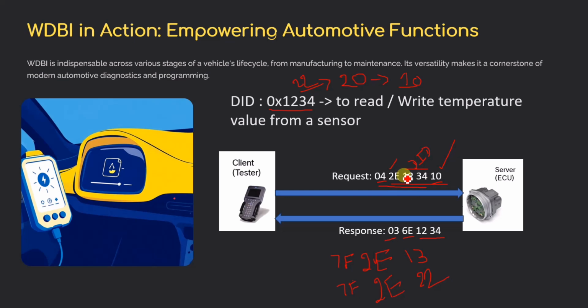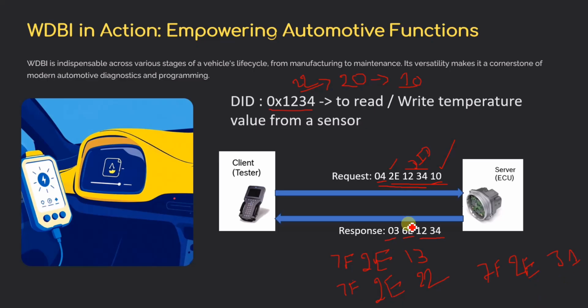Suppose I am requesting DID 123, and that DID itself is not configured or not supported. Then what will we receive? 7F followed by SID 2E 31. 31 is request out of range. This is the NRC we will get.